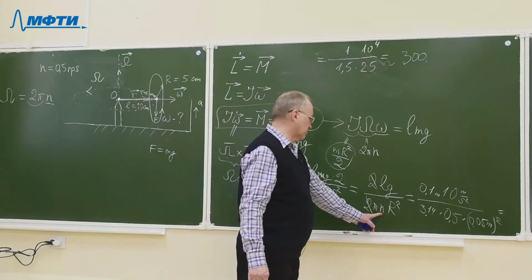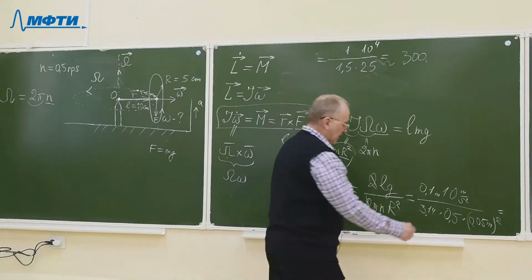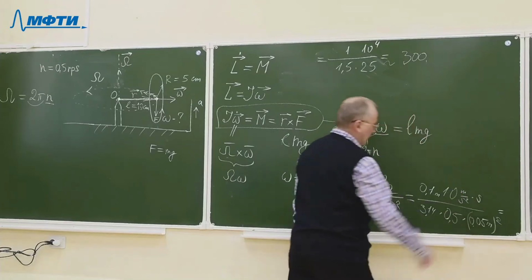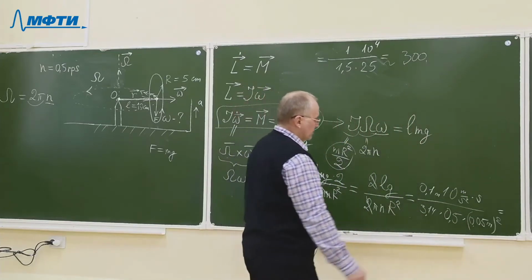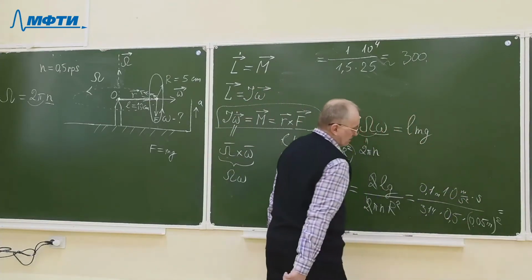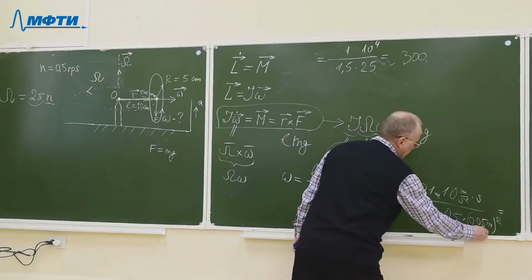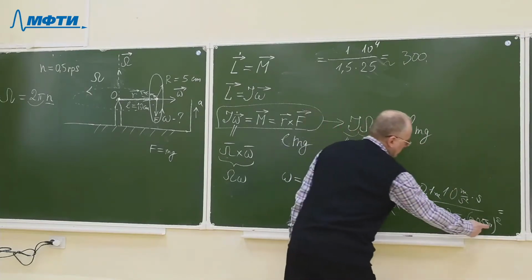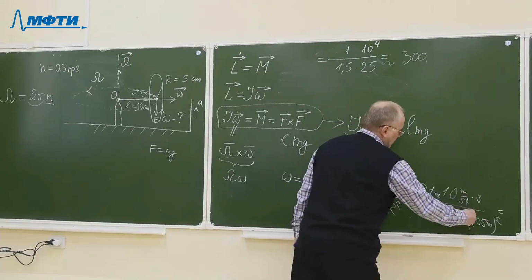So this is n revolutions per second. So actually 1 second will go here, certainly. And after you look at the dimensions, you will see that meter cancels, because here we have meter squared, and 1 second also cancels.